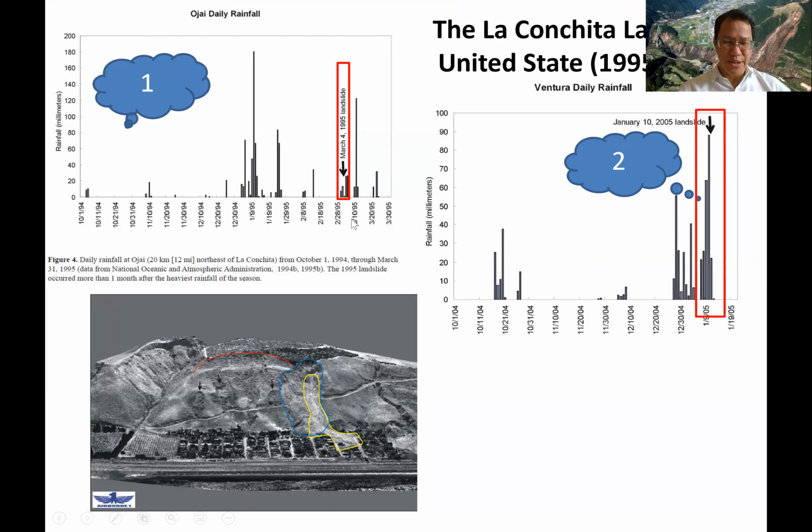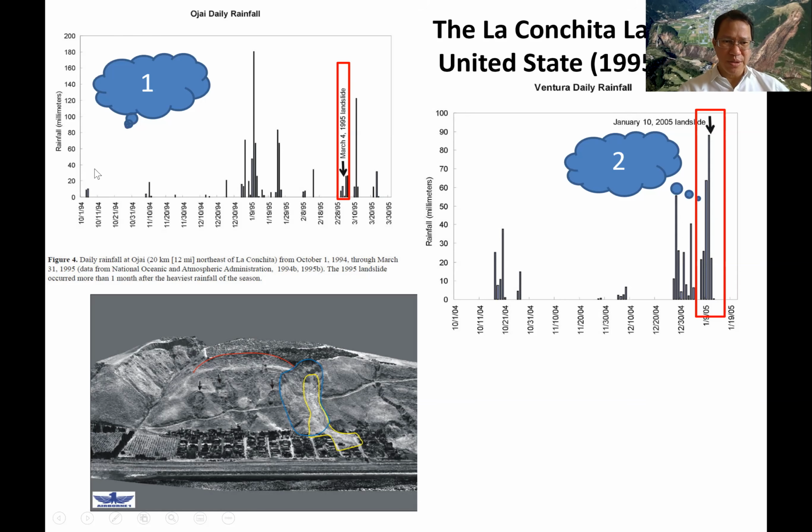You can look at the precipitation record. This is the precipitation record in 1995. There was a heavy rainfall just about a month before the landslide occurred. On the day of the landslide, you can see that the precipitation in that area is not that much, seemingly very low.